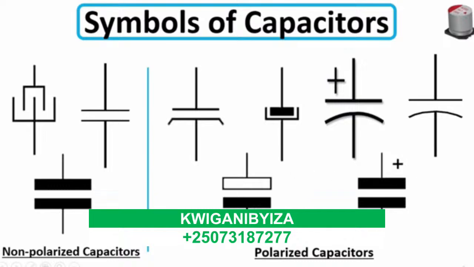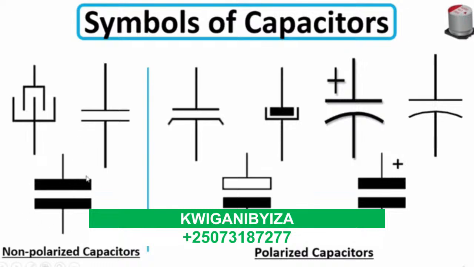Basically, these two symbols are UK symbols, and those are US symbols. For the polarized capacitor, we usually use these two kinds of symbols, this and this. For non-polarized capacitors, we have these three symbols, but we usually use these.